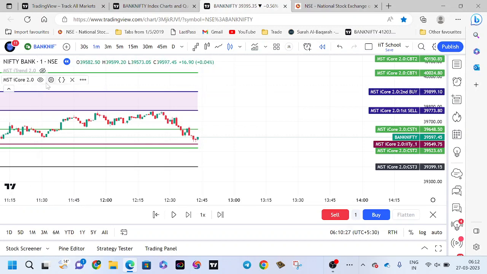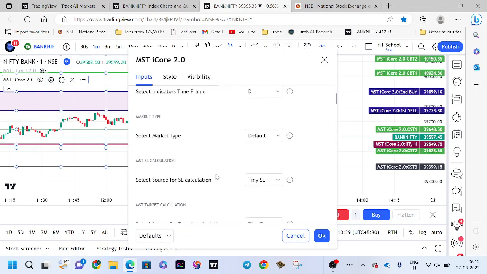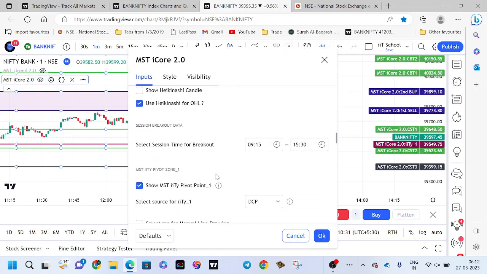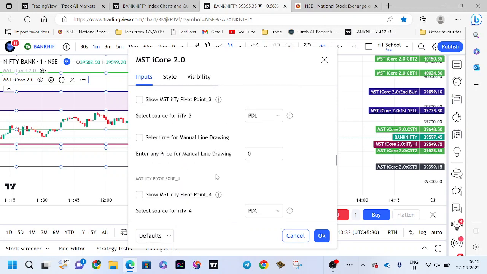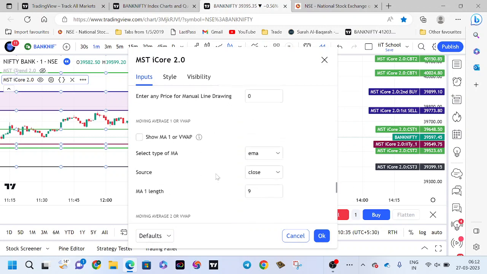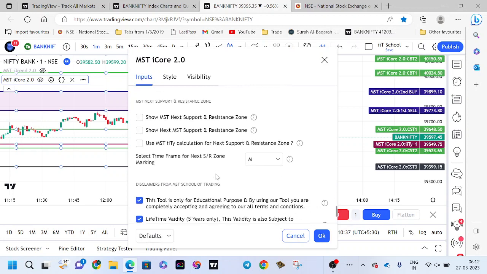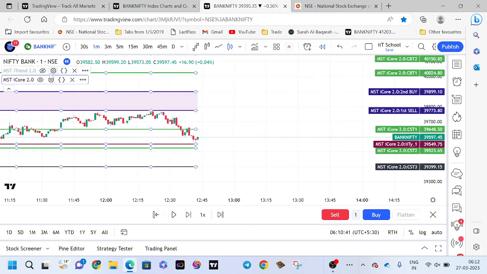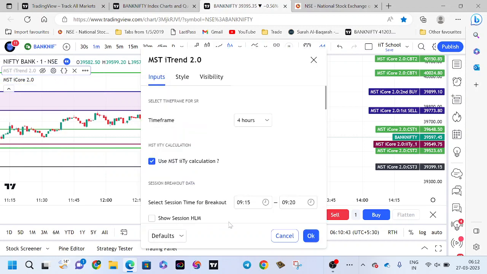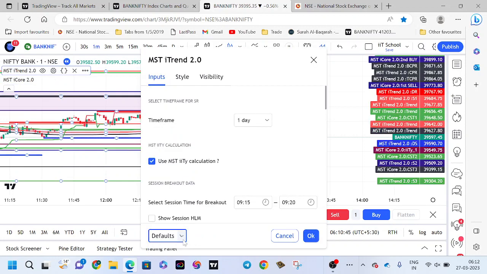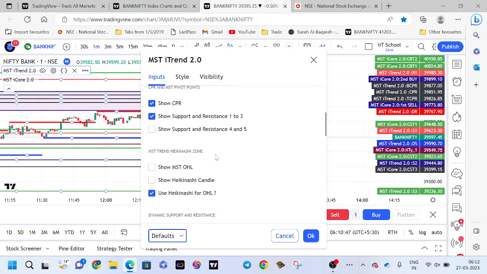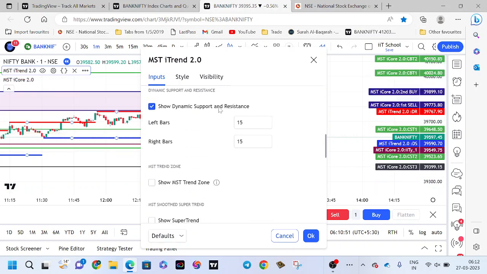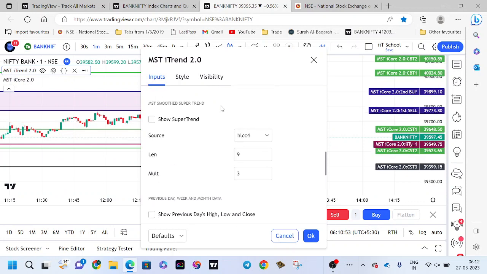Otherwise, you can come here. We have given some options here, like super trend. Super trend is not there in this indicator, so here I have given it. In this indicator, remove all other options and enable only the super trend.